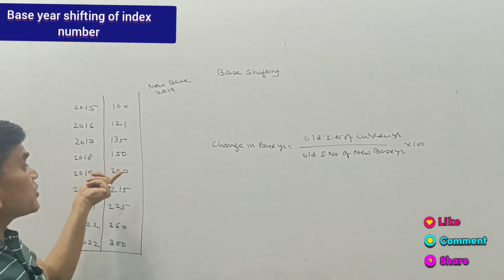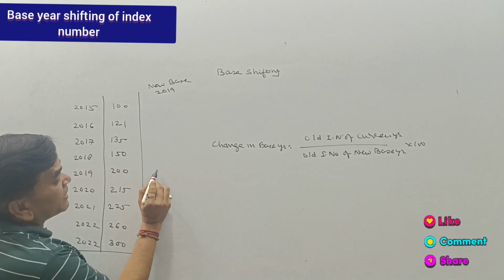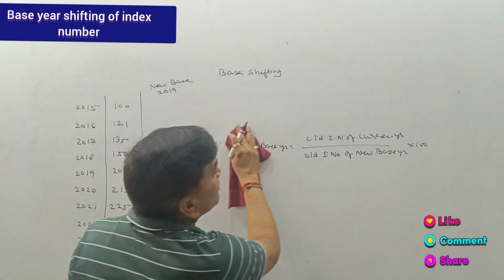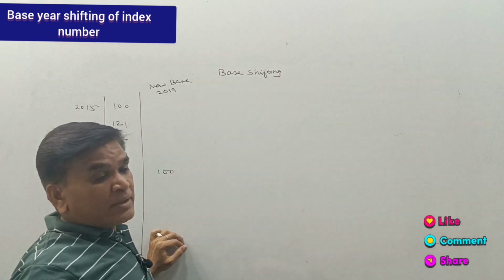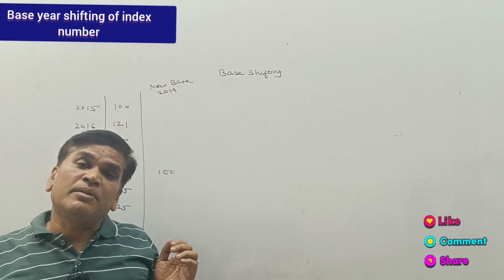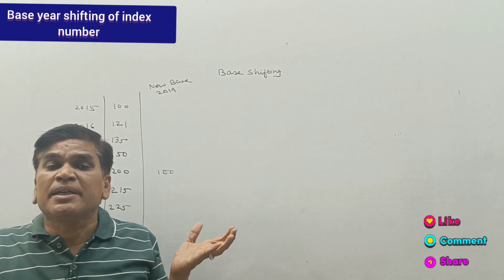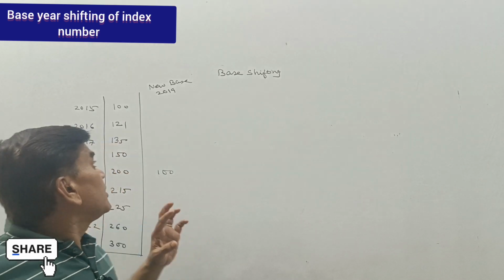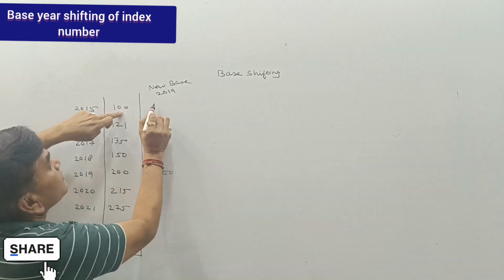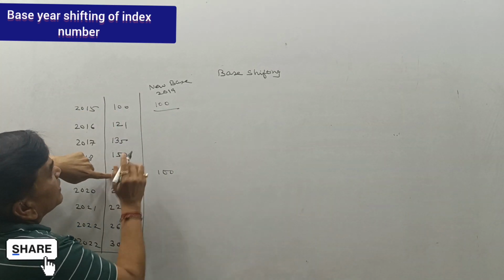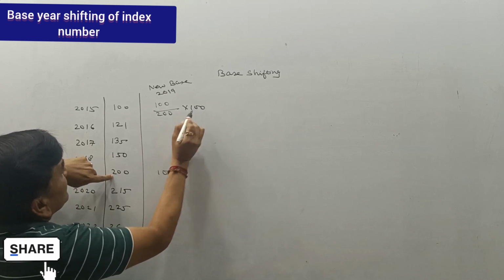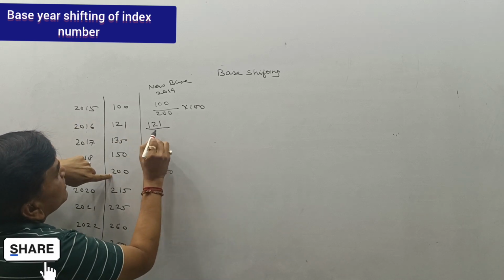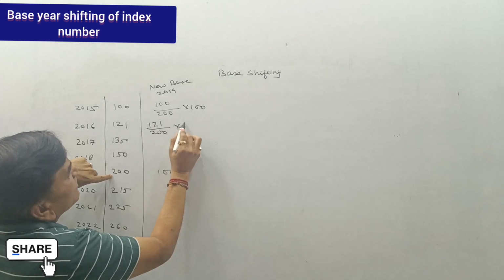Since 2019 is the new base year, it will be 100. Using the formula, for the first year the old index number is 100 and the old index number of the new base year is 200, multiplied by 100. Next, the current old index number is 121 and the new base old index number is 200, multiplied by 100.